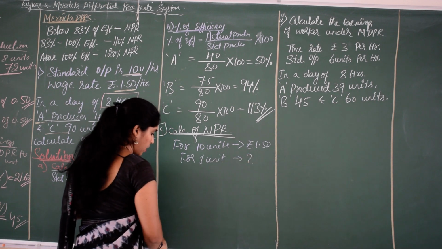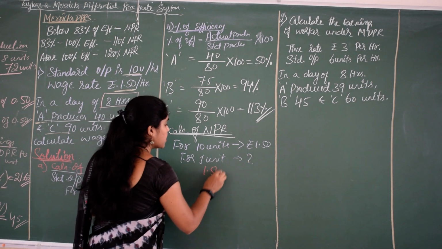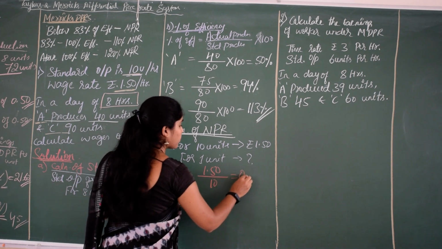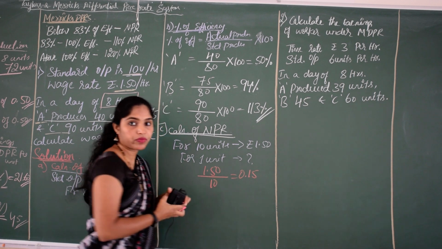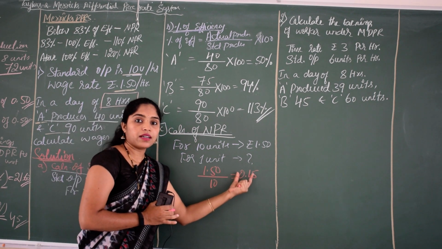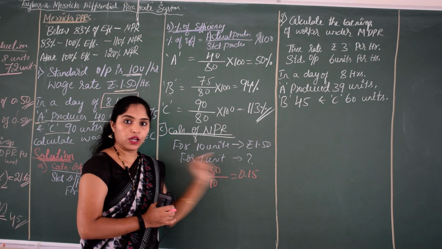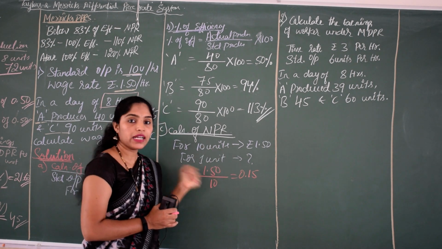So, we are going to get 1.50 divided by 10, which is 0.15. So, this is the straight piece rate or differential piece rate per unit. So, this is how we need to calculate the piece rate.